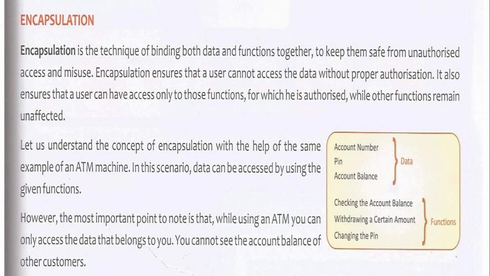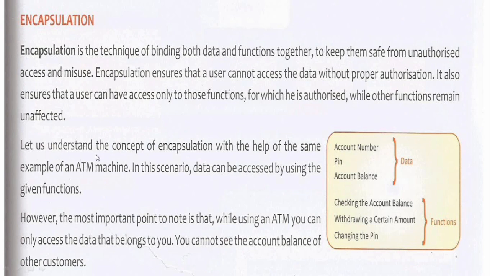So if I authorized you to only use the gallery part of my mobile phone, and I secure everything else, that means you are not authorized to use my other applications. In the same manner, encapsulation also ensures that users can have access to only those functions for which they are authorized, while other functions remain unaffected.